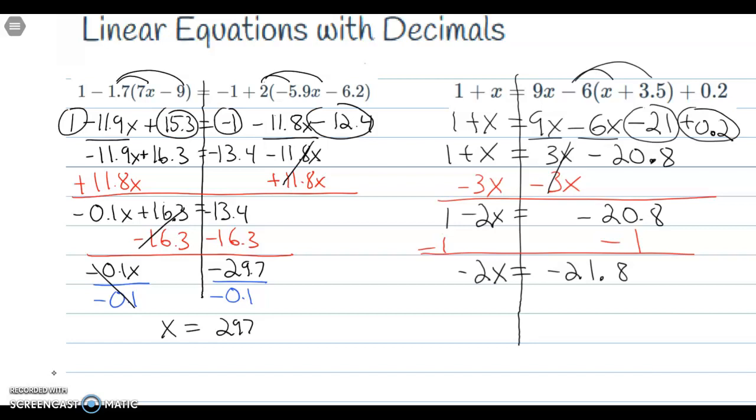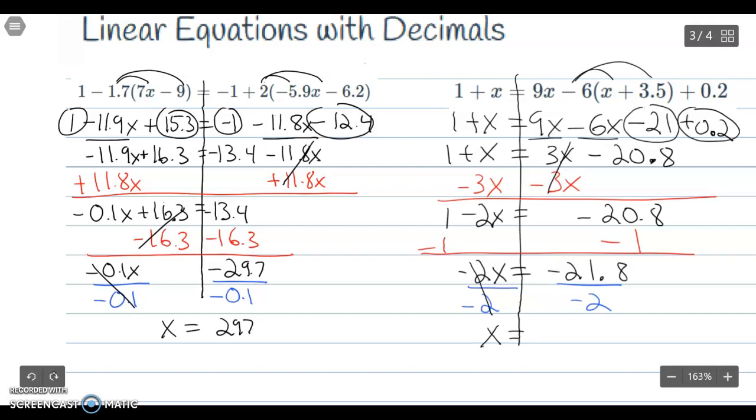All right, now finally, I'm going to divide by the coefficient here, negative 2, cancel out. That's going to leave me with x is equal to negative divided by negative, which is positive. And then 2 goes into 21.8, 10.9 times. And then that's my answer.